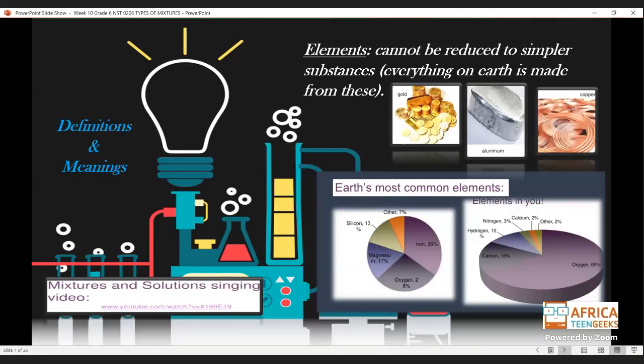Otherwise, you have to page through your science textbook. All right. Okay, so now, yes, you can, it doesn't matter which textbook, if it's a CAPS, it should actually be in there.